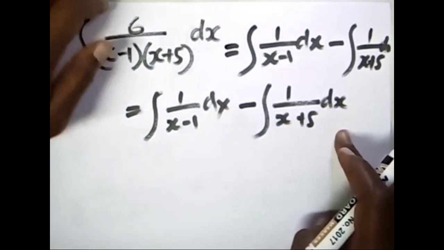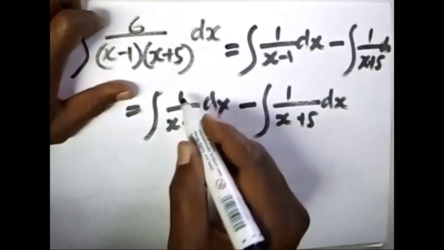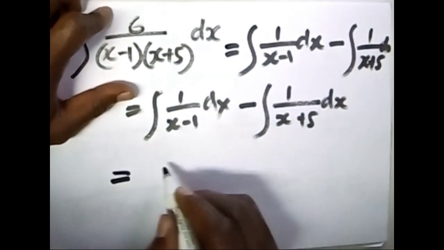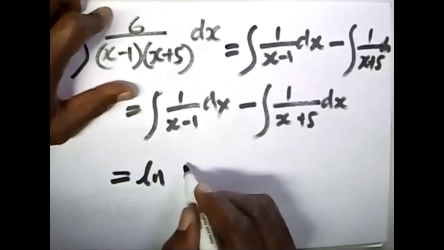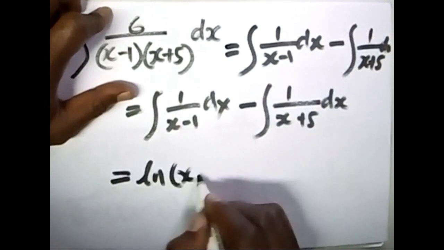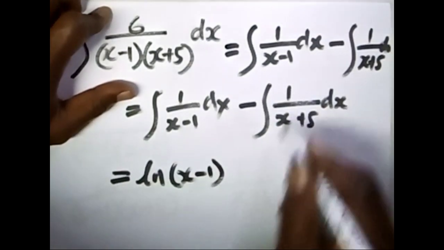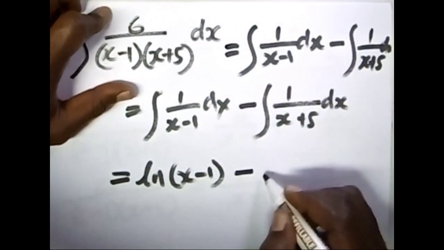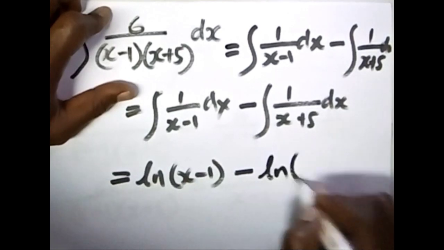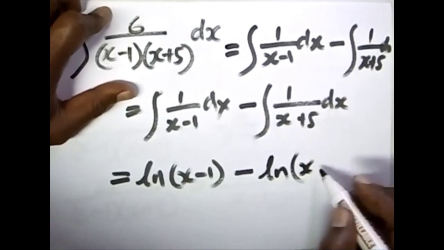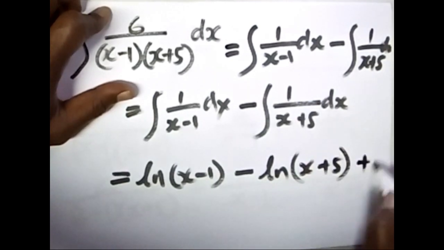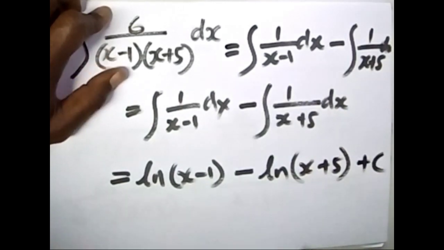And how do we solve the two integrals? Well, the integral of 1 over x minus 1 is simply the natural logarithm of x minus 1, minus, this one is also a natural logarithm of x plus 5, and then plus c.